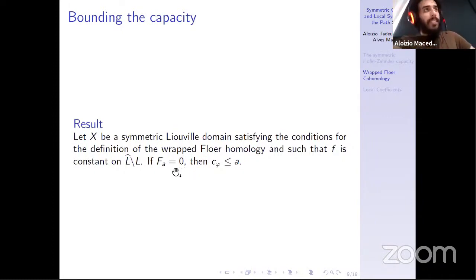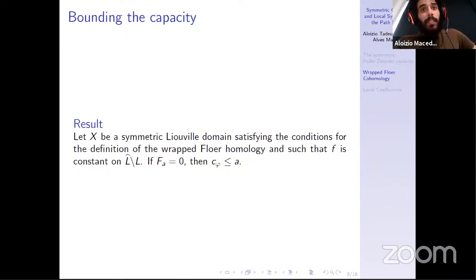So who is this canonical class? It is F^A. So a simple application of this result is when, instead of knowing who this class is explicitly, we just know that the wrapped Floer homology vanishes. If it vanishes, then the capacity is finite, right? It's finite. Okay.